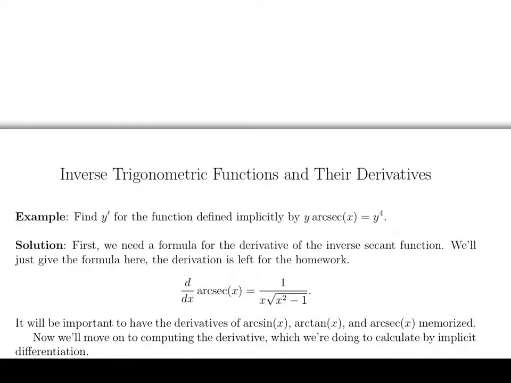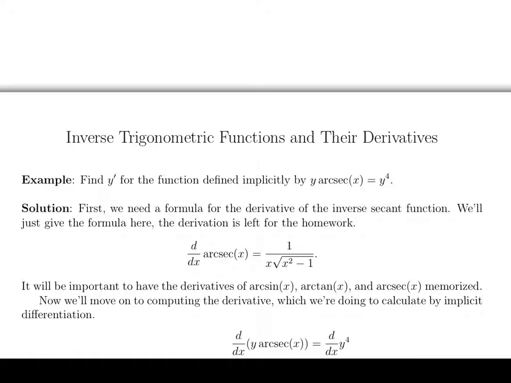We're going to do that by implicit differentiation. That's because in the original equation, it's difficult or really impossible to try to solve for y directly. All right, so we're going to compute these derivatives with respect to x on both sides.